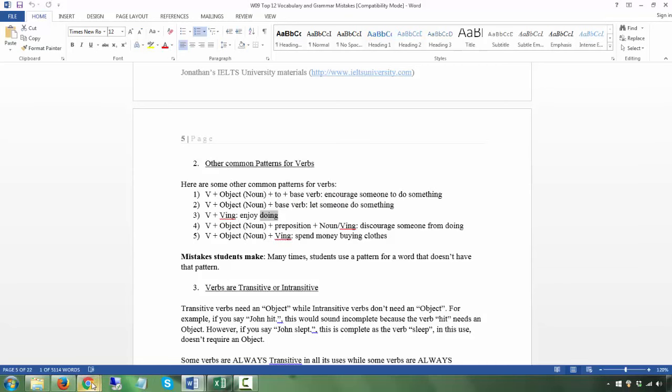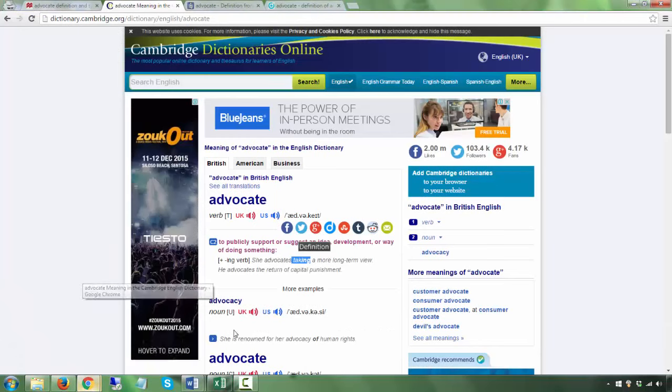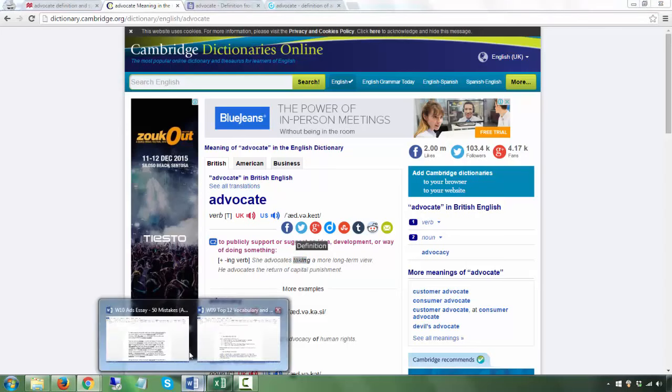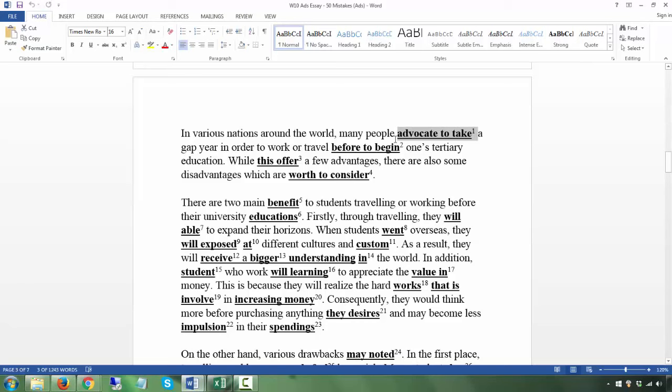And in the same way, advocate, you don't say advocate to do something, you say advocate verb ing, doing something. So that is the first mistake. Advocate taking, the verb ing, taking. All right, next, so this will come under the mistake of word patterns.